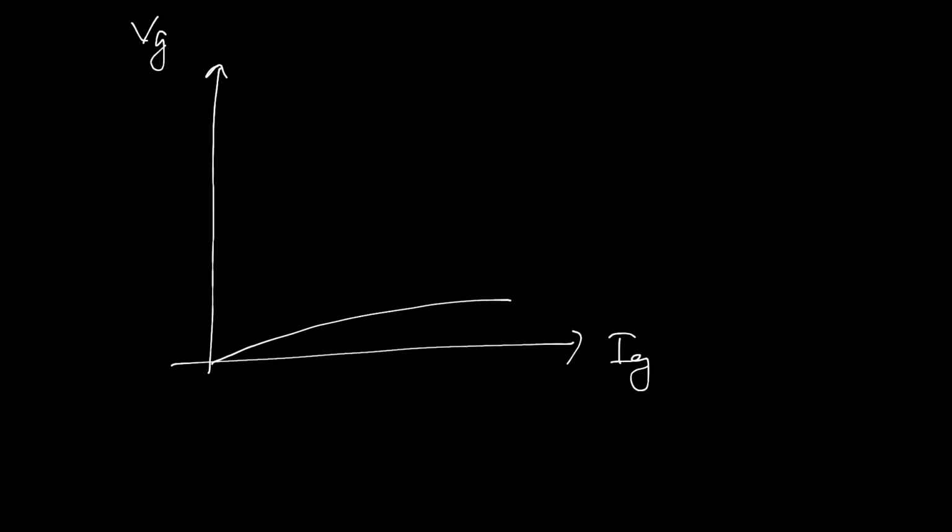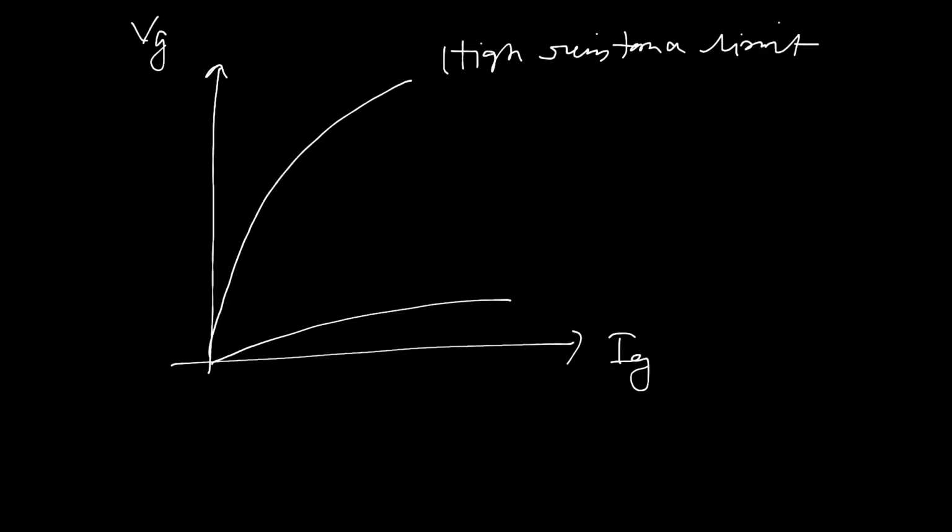This is a kind of characteristics for a thyristor, and this is another characteristics of the thyristor which can be represented by high resistance limit. So consider this is high resistance limit, and this is suppose low resistance limit.